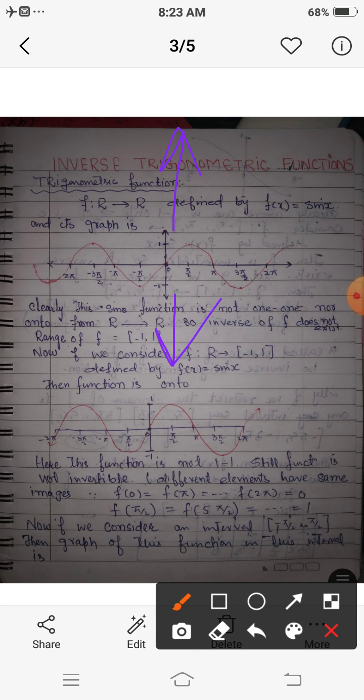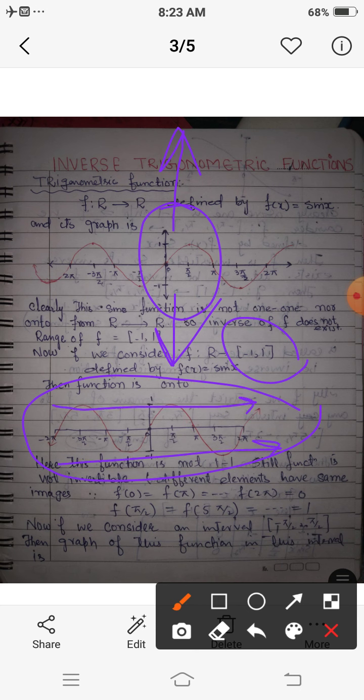Now if we restrict its codomain from R to the interval minus 1 to 1, that is, if we consider the same function f from R to the interval minus 1 to 1, then its graph is like this. Here the codomain is only up to minus 1 to 1. So this means that range equals codomain.